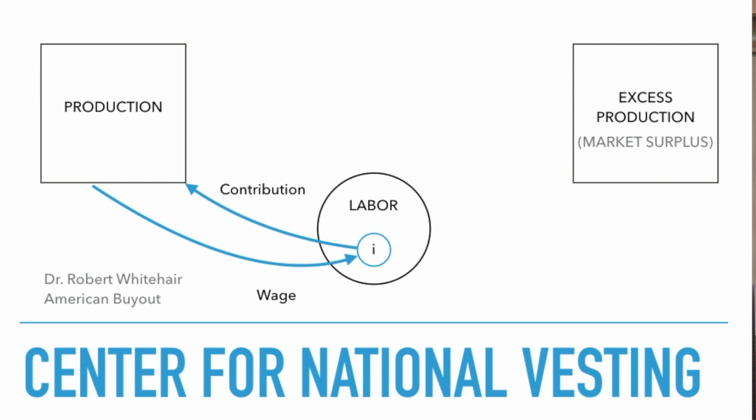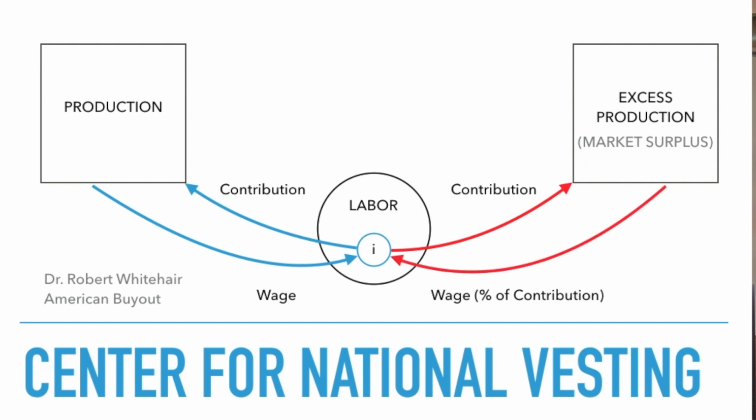So in a vested economy, the laborer will contribute to both production and excess production through their work. And as is true with production, when the laborer contributes to excess production, they receive a percentage back of what they contribute to excess production in the form of a second paycheck.